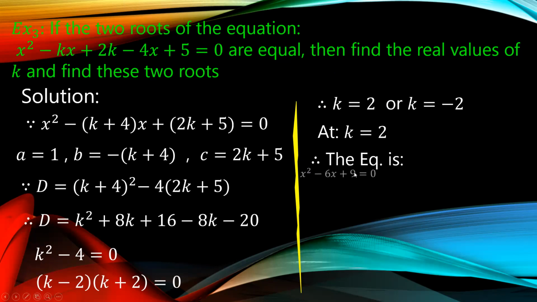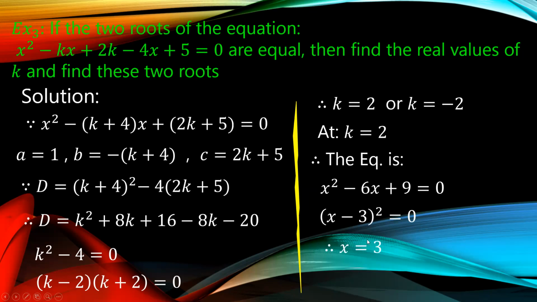Then x power 2 minus 6x plus 9 equals 0. This is the standard form of this equation. I will factorize. This is a perfect square. Then x equals 3. Again, you have here an equation and the two roots are equal. Find the real value of k and find these two roots.